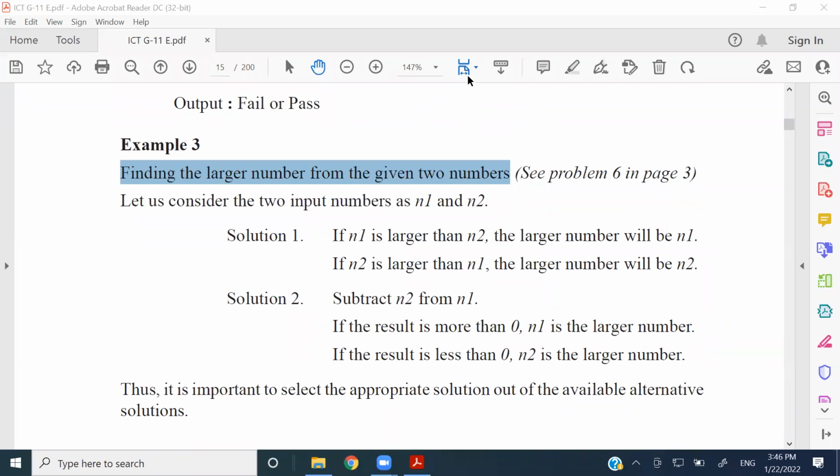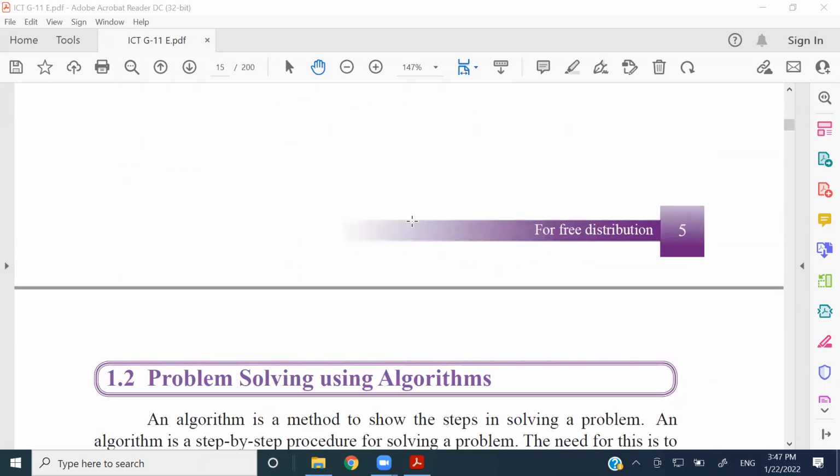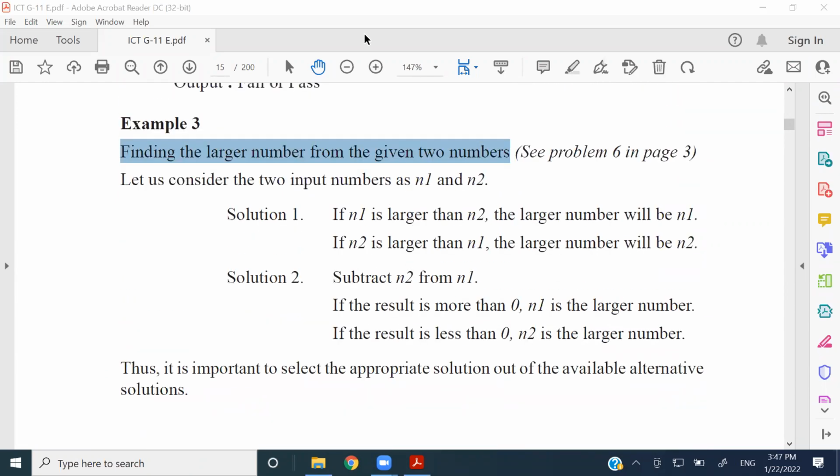Or else we can check whether the first number is less than the second number. If yes, the second number is the larger one. If not, the first number is the larger one. Right? So likewise, as we talk, we can come up with alternative solutions in different approaches. All right, so people, before I move to the algorithms, is it clear up to this point?